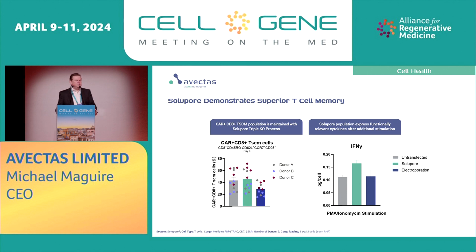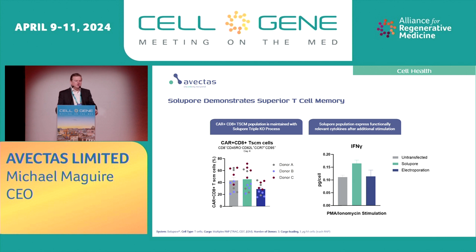And in this multi-donor study, what we're doing on the left-hand side is we introduce a comparator here, which is electroporation. And what we're showing is the comparison of the population who have those edits introduced by Solupore versus those that have the edits introduced using electroporation.